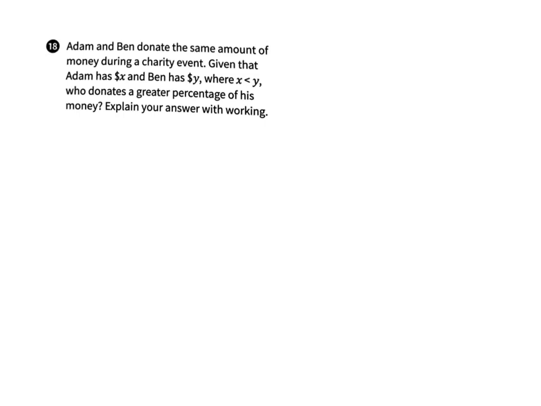Let's say, for example, I have $2, and this is me, and then you have $10, right? Originally, X is smaller than Y, so I have less money than you. And we both donated $1.